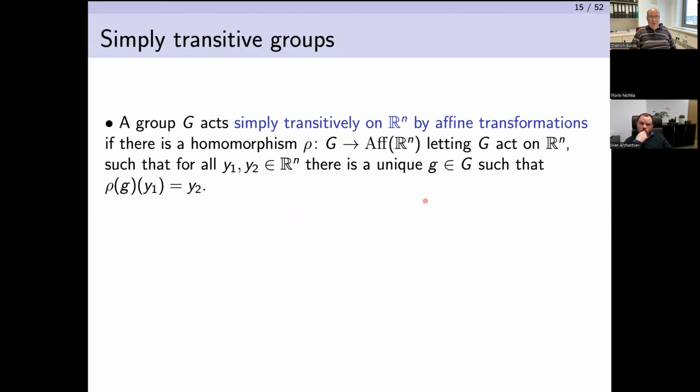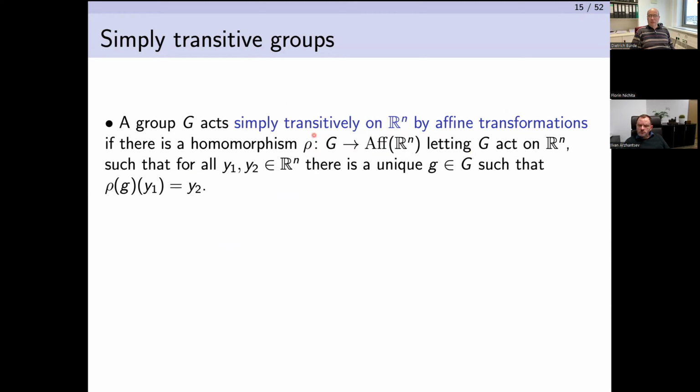And you need this to say what simply transitive groups are. The idea is that a group acts simply transitively on R^n by affine transformations. That means you have a homomorphism rho from your group G into the affine group, so that G acts on R^n.